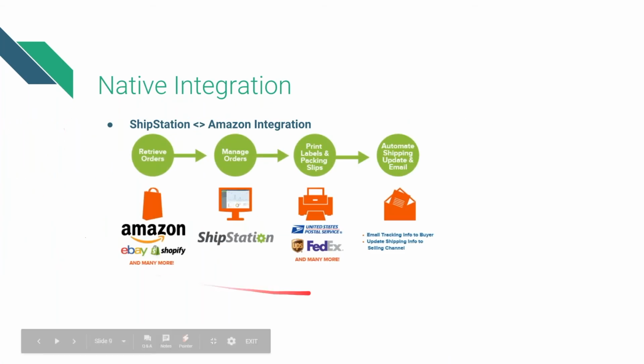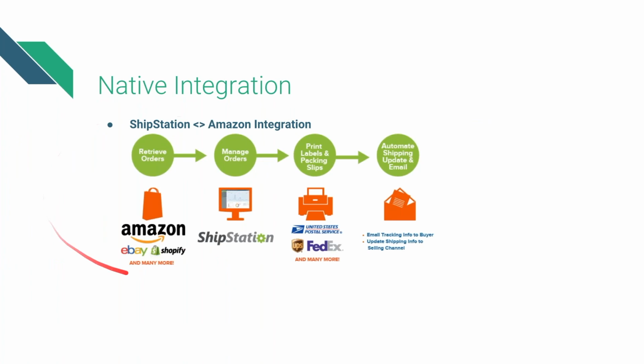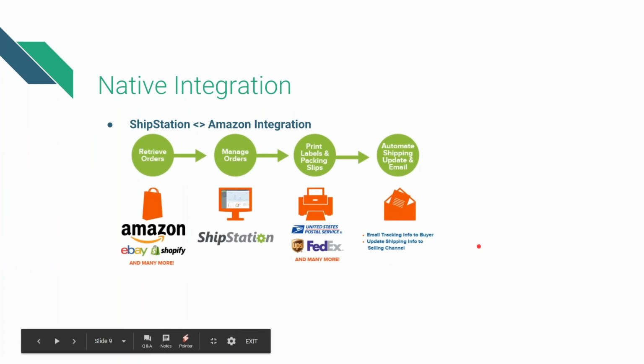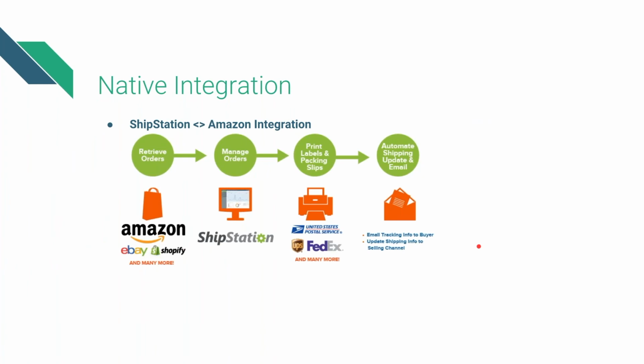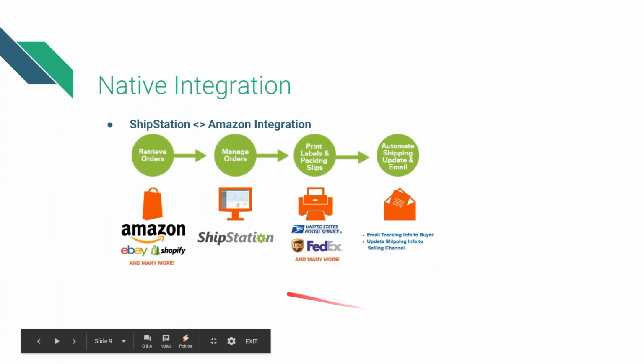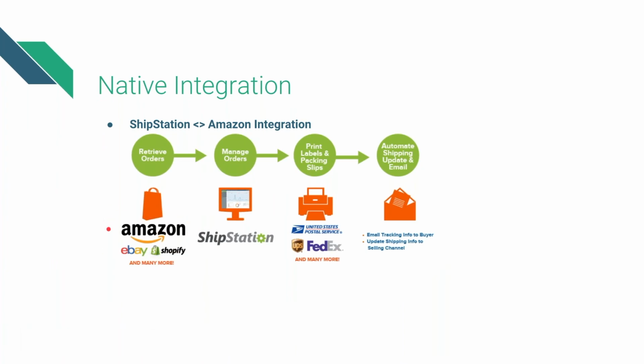A good example is the ShipStation Amazon integration. That is an integration that was built by the ShipStation team and is supported by that ShipStation team. So obviously in this situation, we're talking about more than one channel, but there are ways to use Zapier, for example, to pull in some of those pieces. So a native integration is one that's built by that team.